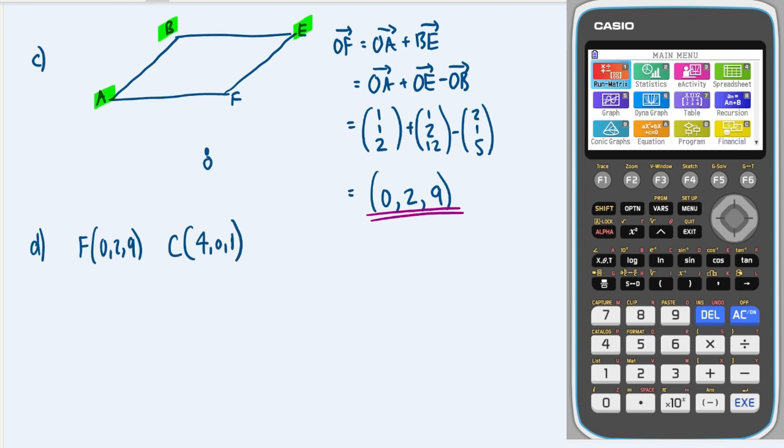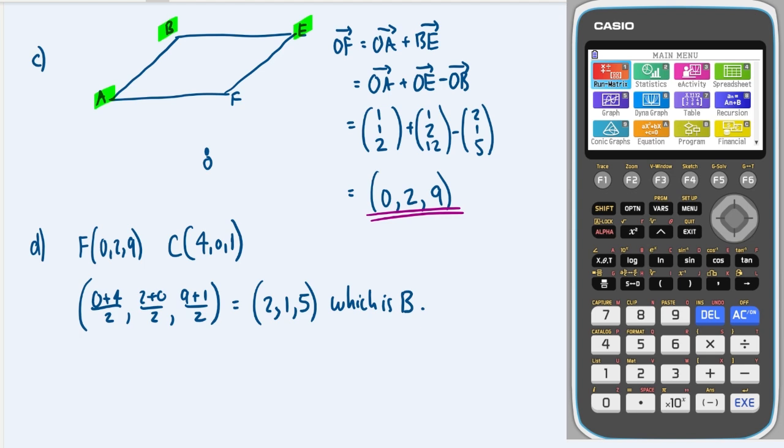And to find the midpoint, we take the average of the coordinates. So the x's, we add them together and divide by 2. The y's we add together and divide by 2. And the z's we add together and divide by 2. And this gives me 2, 1, 5, which is the coordinate B.